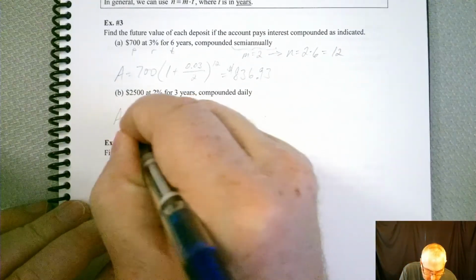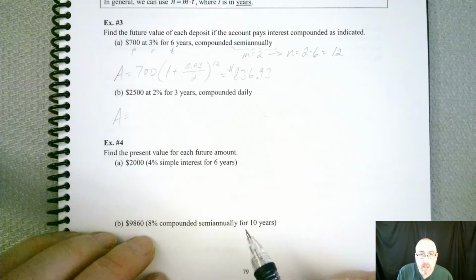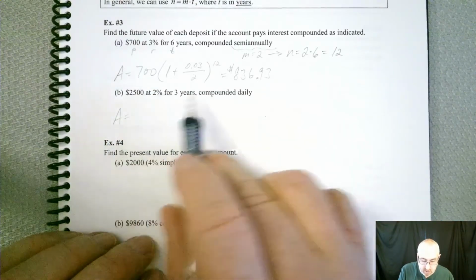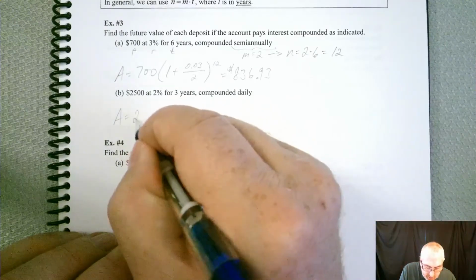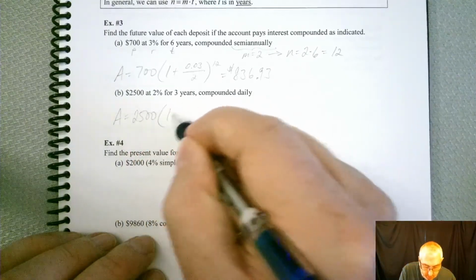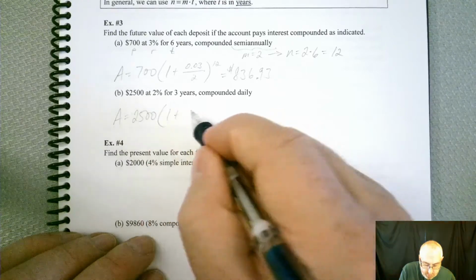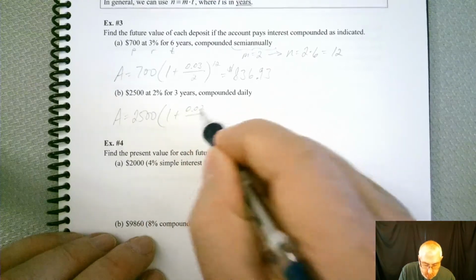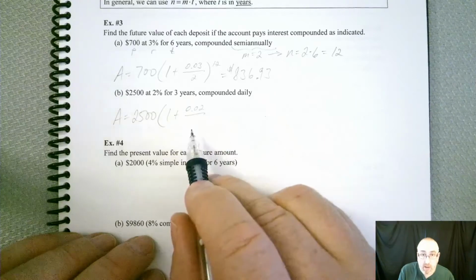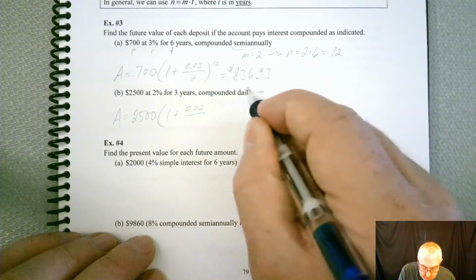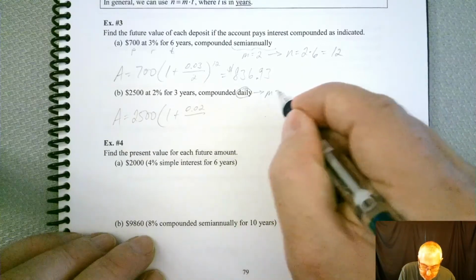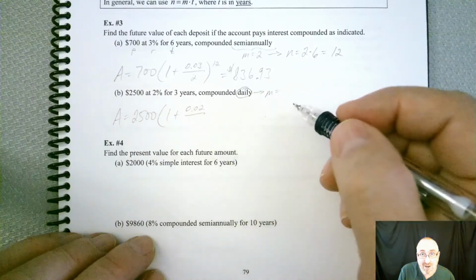So we got A is equal to what? So we can start filling in a lot of this stuff here. So we know the 2500 is our P. We got a 1 plus our interest rate, which is 0.02 over what? So we need M. Compounded daily means that M is equal to how many days in a year?